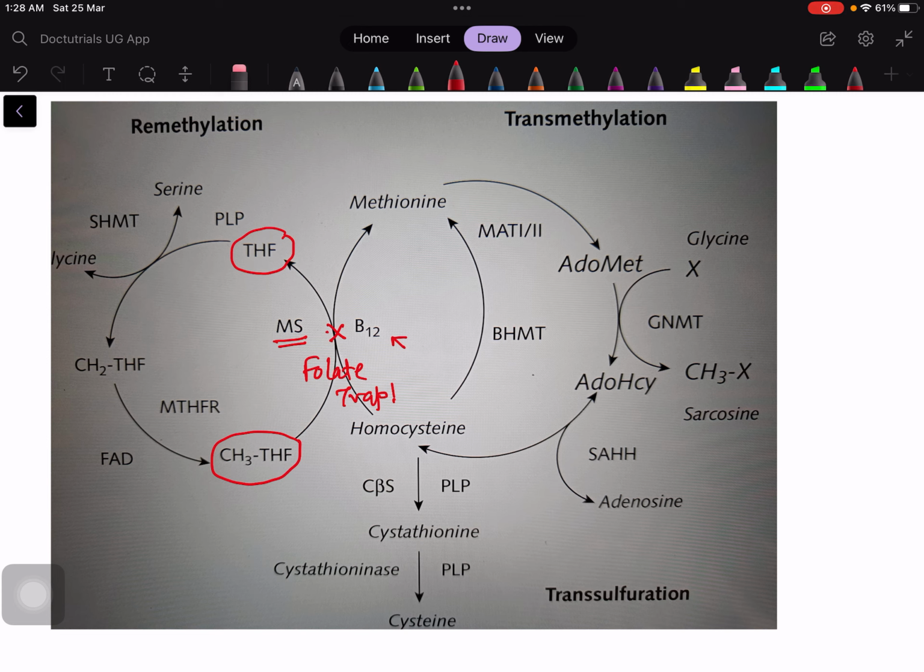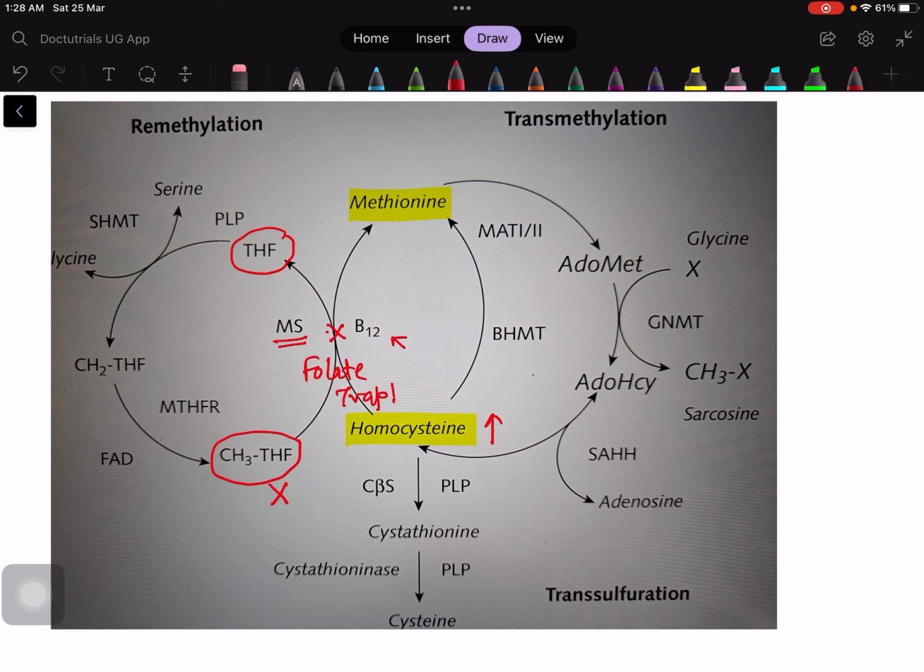Now this methionine synthase converts homocysteine into methionine, meaning if the tetrahydrofolate is not there, then homocysteine will accumulate, resulting in homocysteinemia and homocystinuria. And where is this homocysteine coming from?